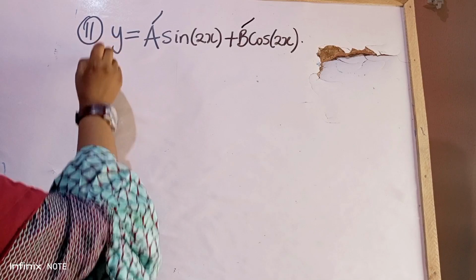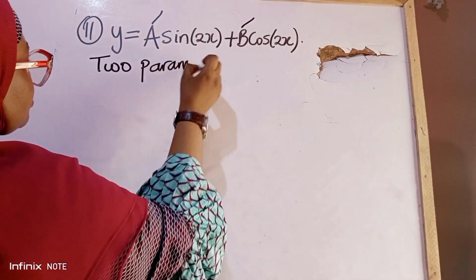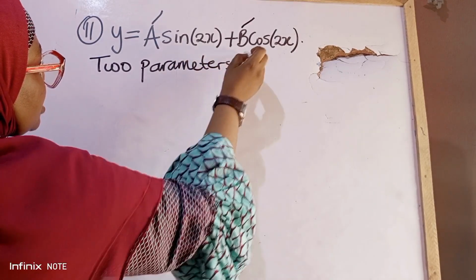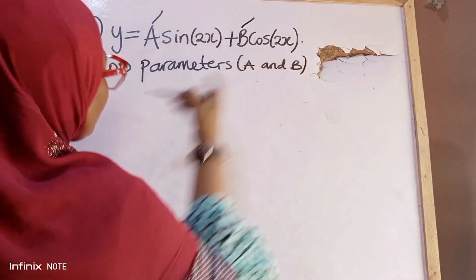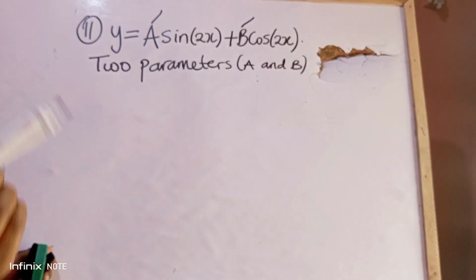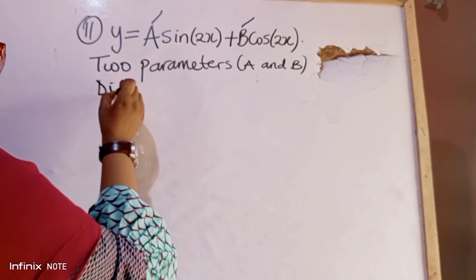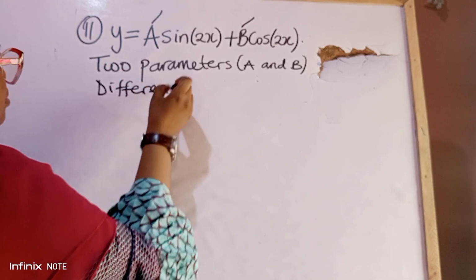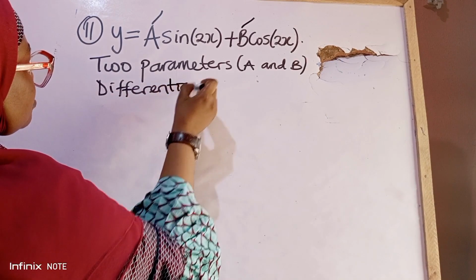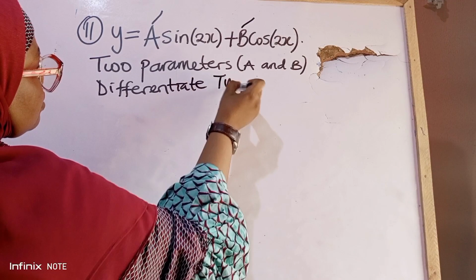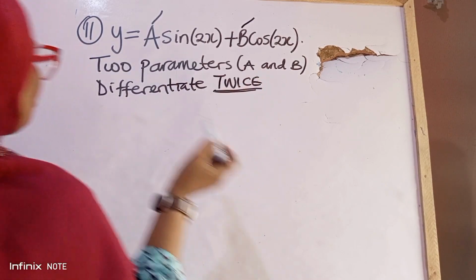So we have two parameters, A and B. Since we have two parameters, we are going to differentiate twice.